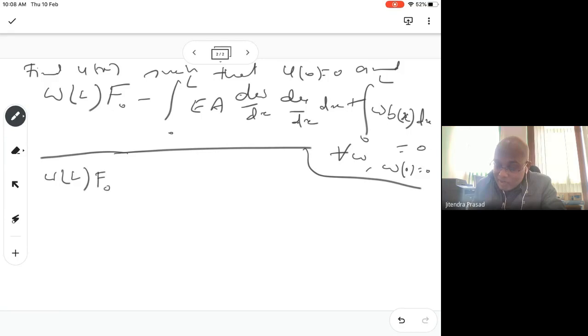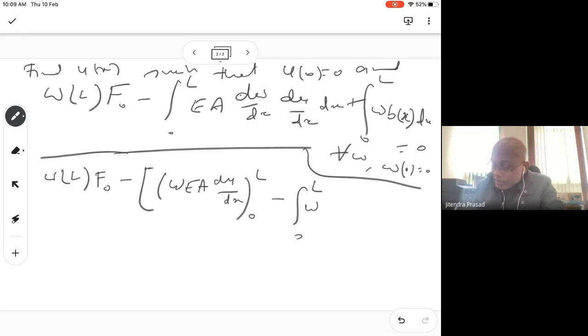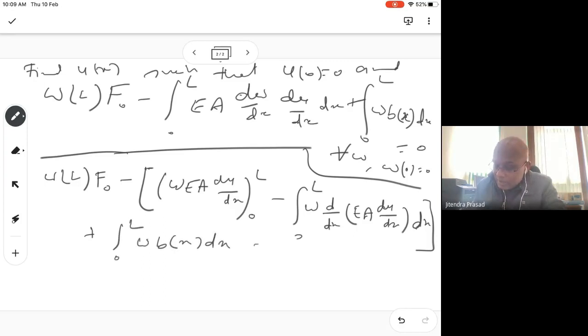We have WL times f naught minus, and integration by parts means we will have W EA du over dx from L to 0, minus the integral from 0 to L of W d over dx of EA du over dx, plus the integral from 0 to L of W bx dx equal to 0.